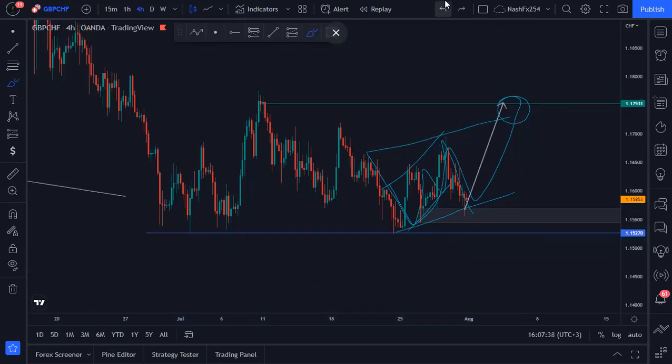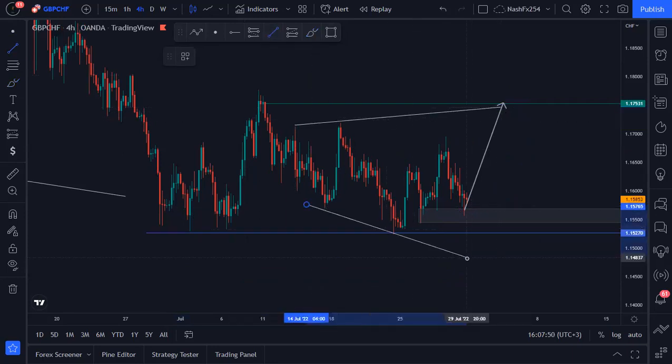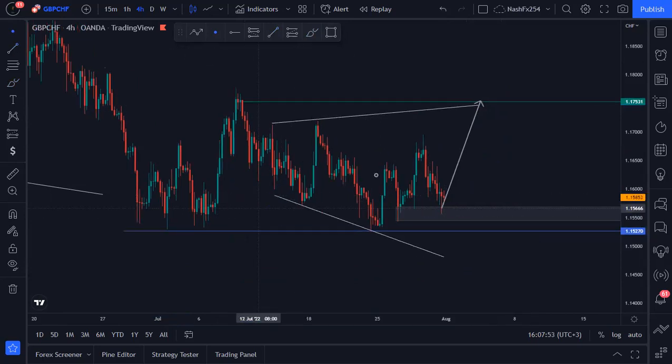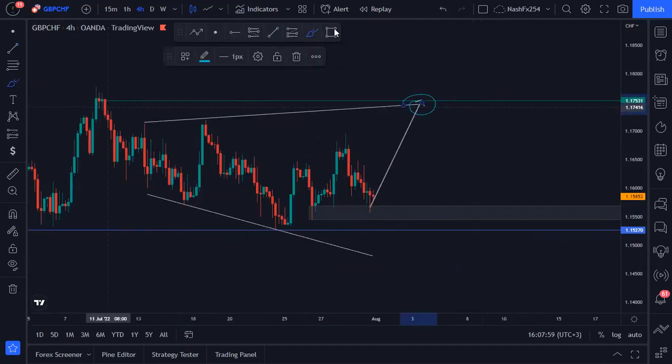So with that in mind, you need to be aware of what's happening currently. And for me right now, what I'm seeing is this pattern forming, which is an expanding type of channel. With this pattern forming, I'm expecting to see this third touch lining up with this value area.